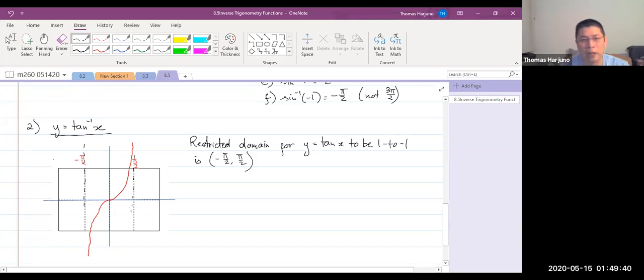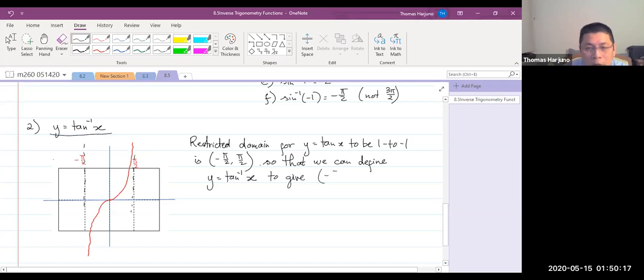But it's very similar to the way we set up the sine. Once it is 1 to 1, we can define y equals tangent inverse x, to give the result of tangent inverse x from negative pi over 2 to pi over 2.